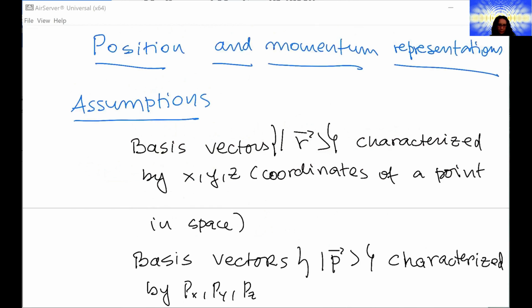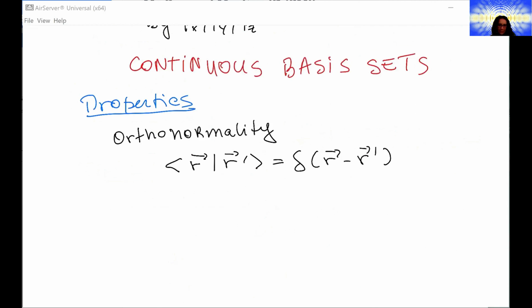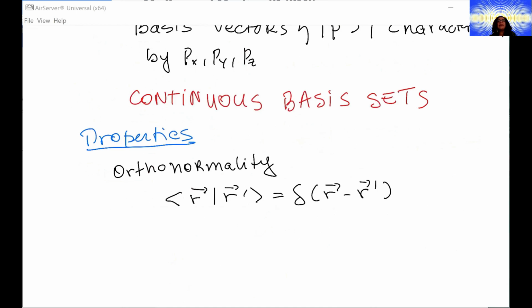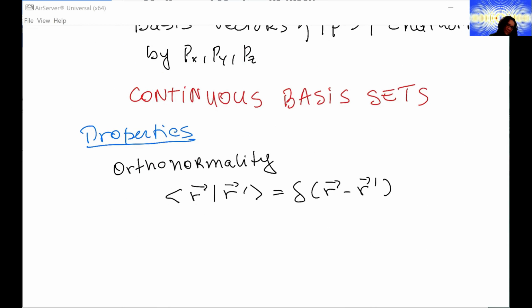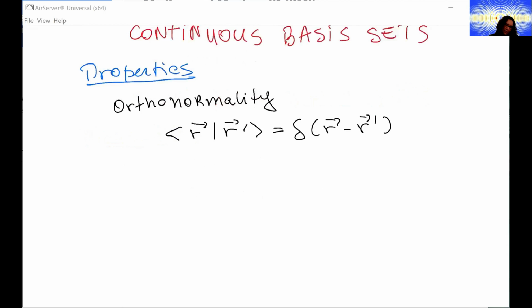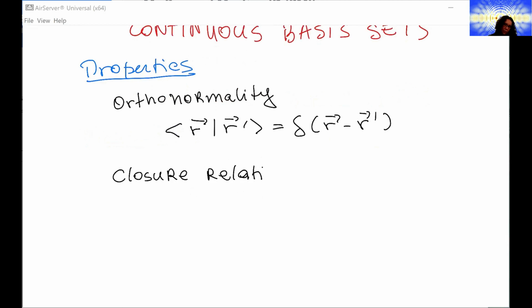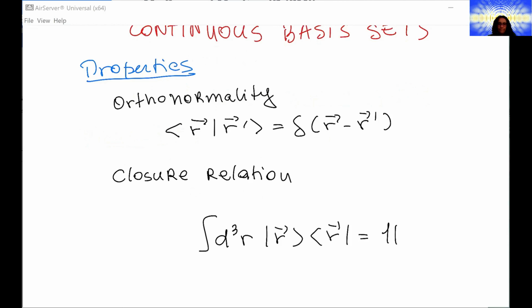So coming back to this issue, we can also say that if we want to define a closure relation, we are going to write the integral d3r of ket r bra r is the identity operator. So it's pretty much the same issue that we had before, with the sum being replaced by an integral, now an integral over all space.